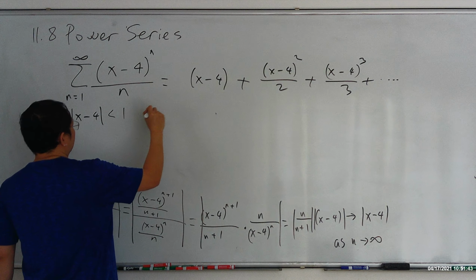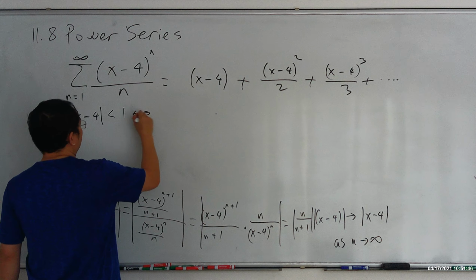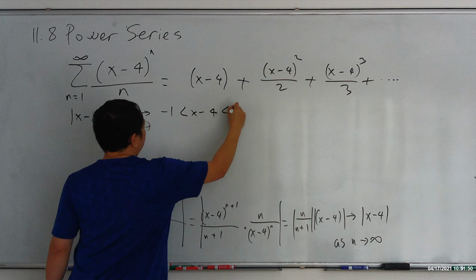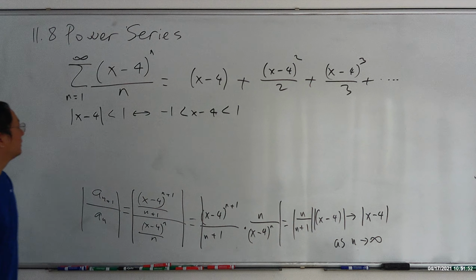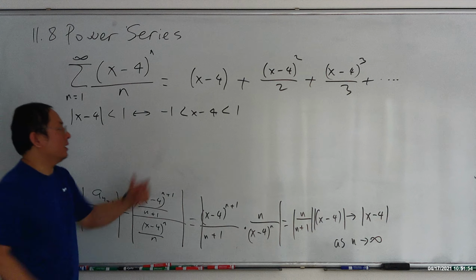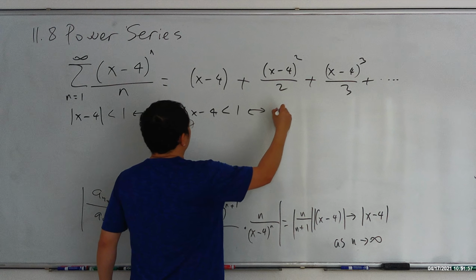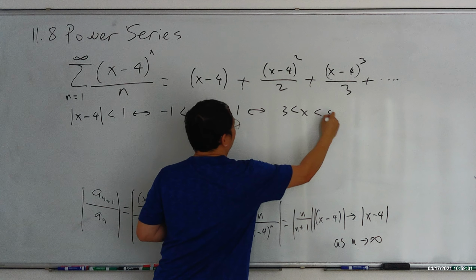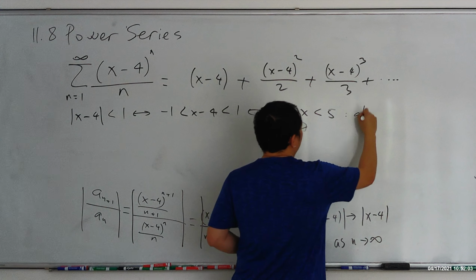That means negative 1 is less than x minus 4, less than 1. You add the 4 on all sides, so 3 is less than x, less than 5, and the series is absolutely convergent.